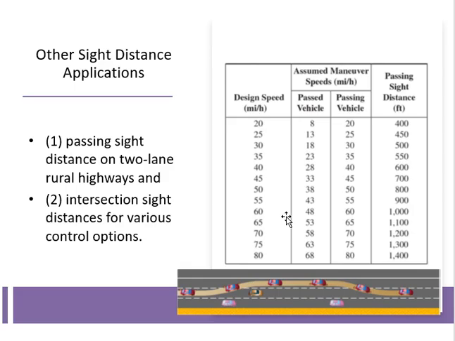Then we may have situations where we may have to provide a passing sight distance. Passing sight distance is the distance which you should be able to see to make a safe passing. This is not the distance in which you will do the passing.